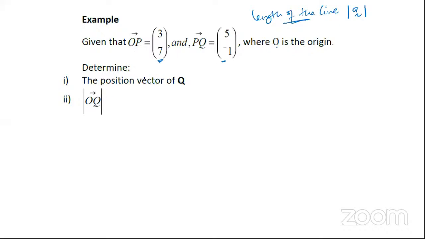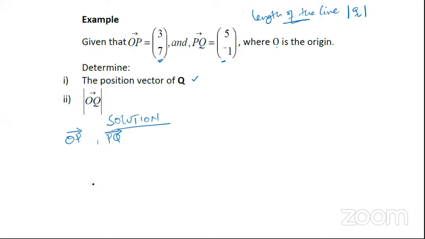We are told to determine, one, the position vector Q, and two, we are supposed to find the magnitude of that vector that we have got. In our solution, we are supposed to find this Q here, but we have OP, and we also have PQ.